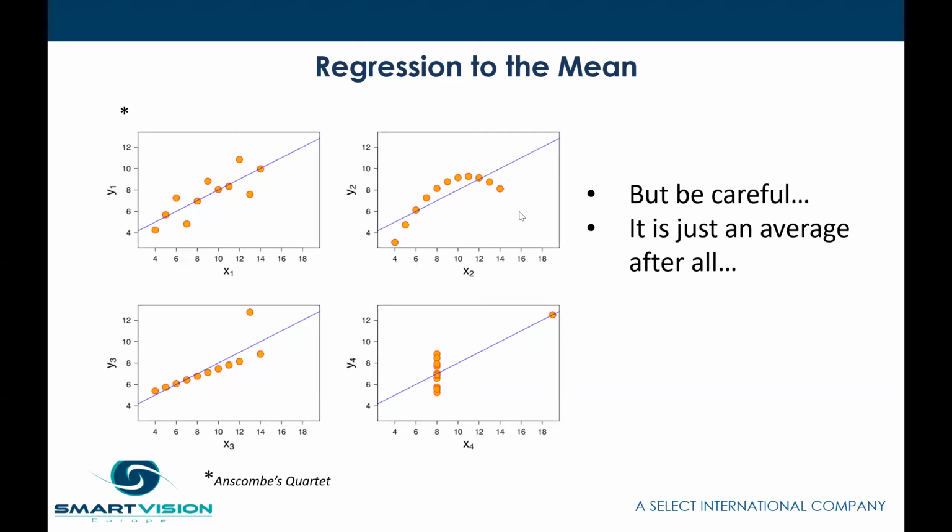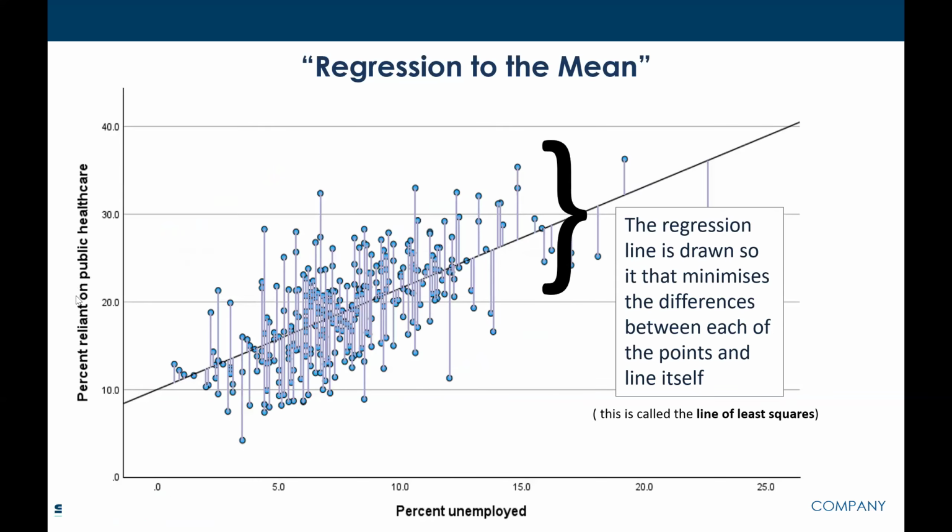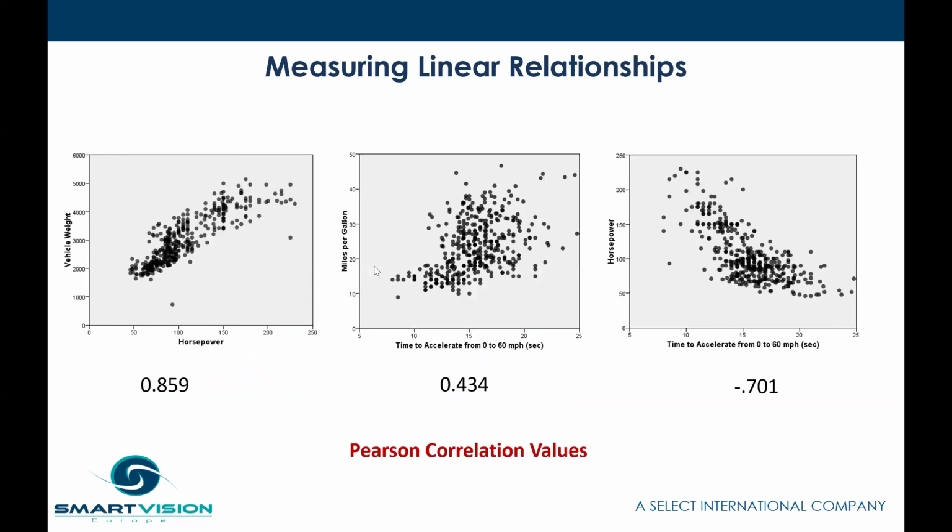Now, the way in which we measure the strength of the relationship between one field and another field, here we had percent unemployed against percent reliant on public health care, and we've got our line of least squares going through that. We're trying to measure how strongly these two things are related to each other. We normally use something like a correlation value, which we talked about in the previous session. The correlation value runs from -1 to +1.